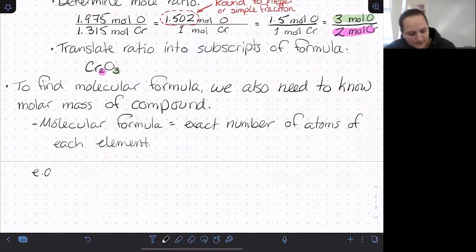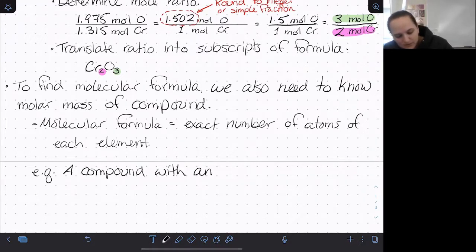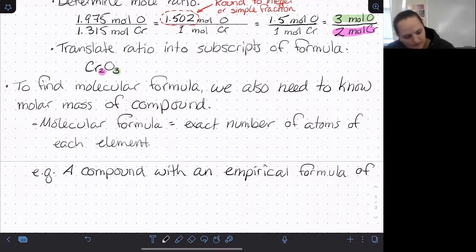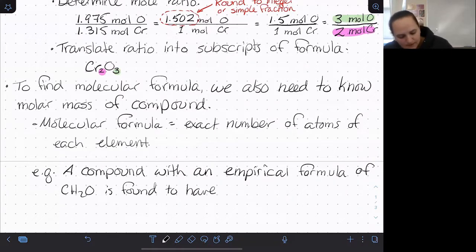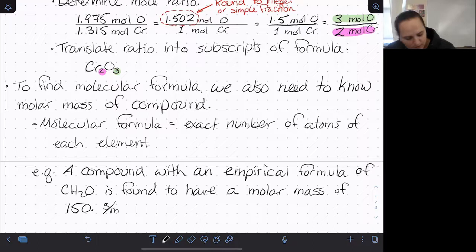So for example, let's say we've already figured out the empirical formula, that if we have a compound with an empirical formula of CH2O, and we find that it has the molar mass of 150-ish grams per mole.